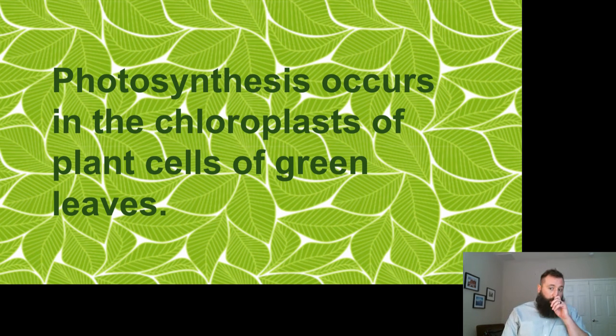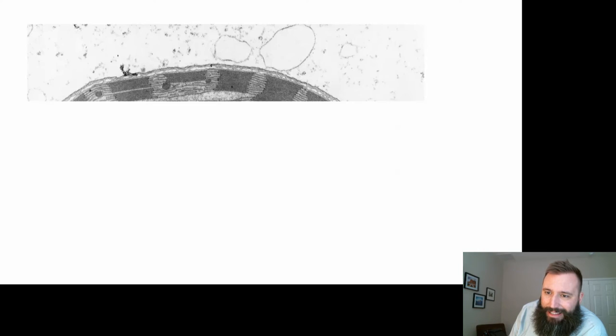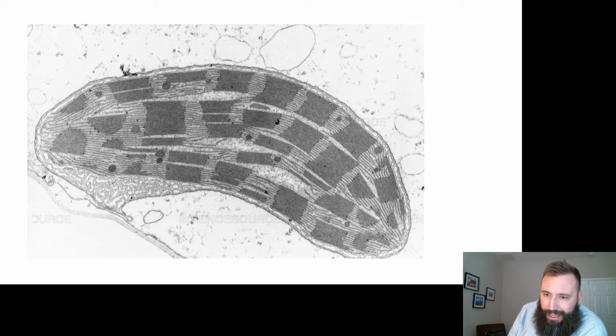Photosynthesis occurs in the chloroplasts of plant cells of green leaves. Take a look at this gorgeous electron micrograph of a real live chloroplast within a plant cell. We can imagine that this is the inner and outer membrane of the organelle found within oftentimes the green leaves. And they're green because of that chlorophyll pigment.